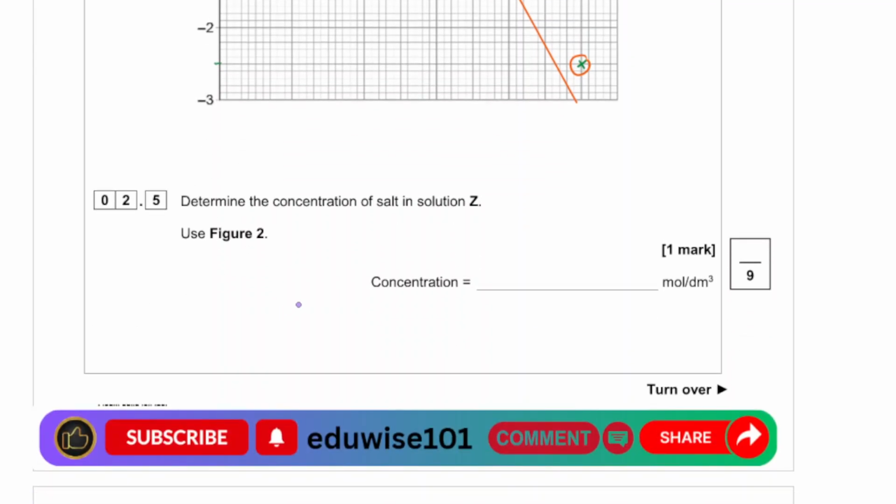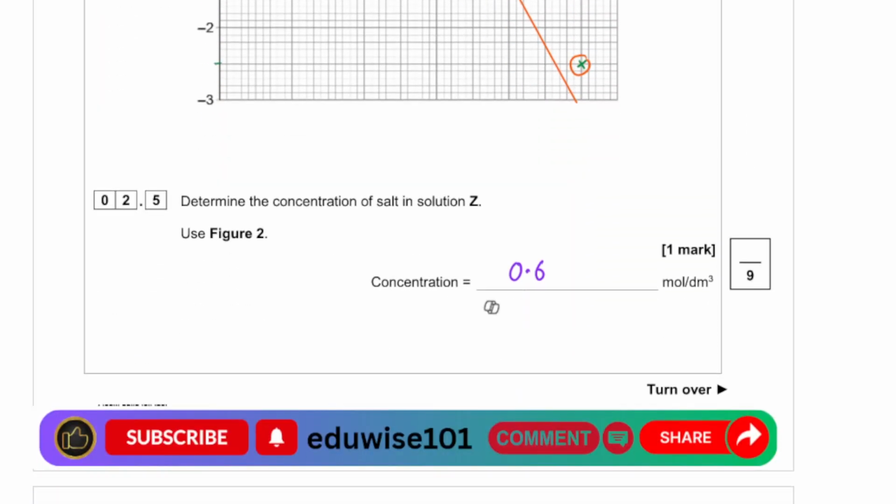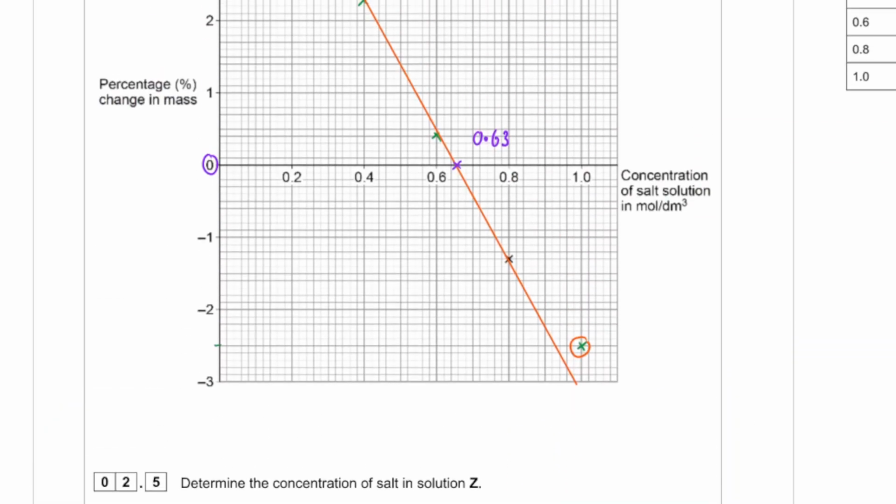So this would be 0.63. Let me double check that value again.